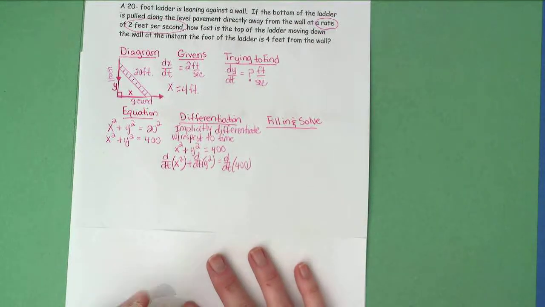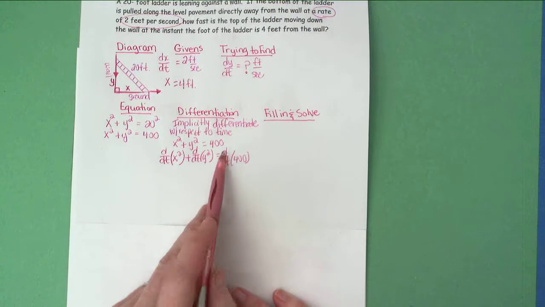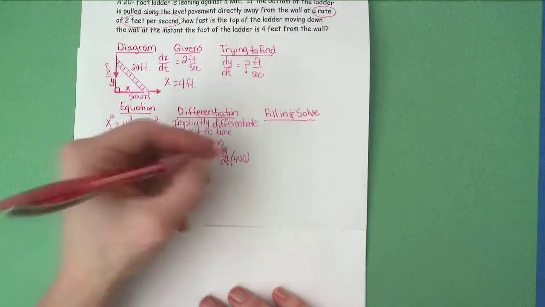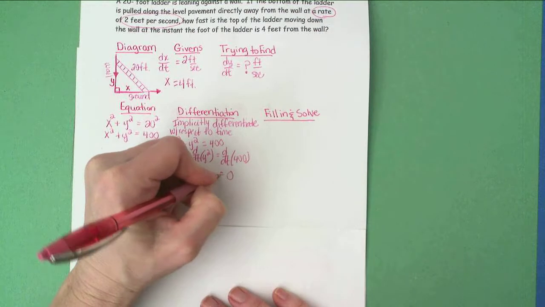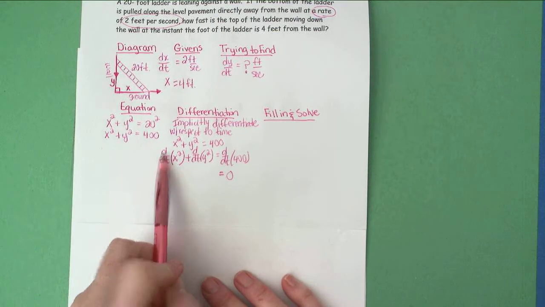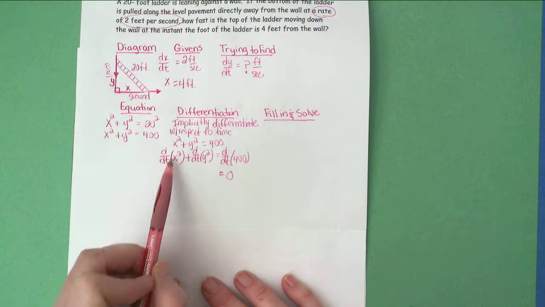All right? Now, one of these is easy to do. I can find the derivative with respect to time of 400 because it's a constant. So that's just going to be 0. But the other two are not so straightforward. I cannot differentiate x squared with respect to t. I just can't, because this is not a t.